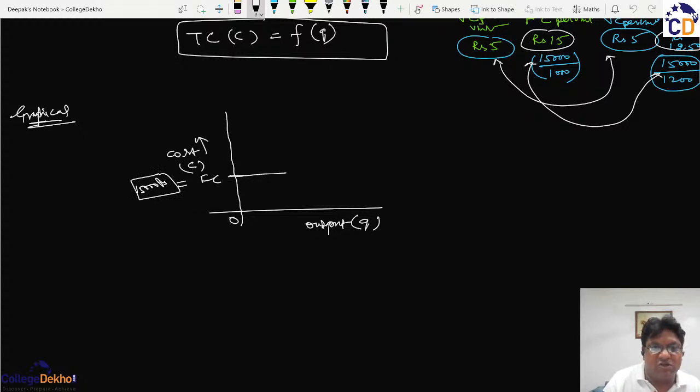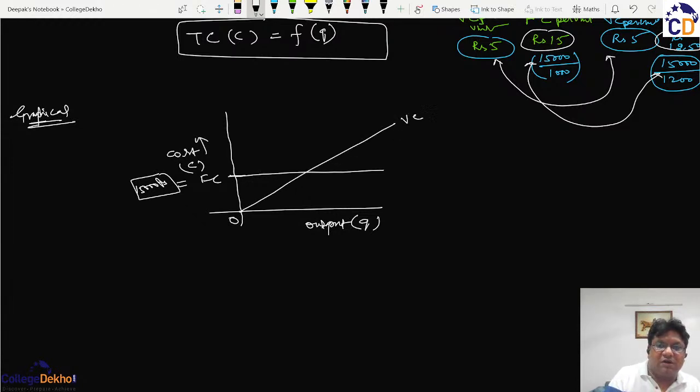So the fixed cost graph will run parallel to the output line. But if we calculate the variable cost, then this variable cost graph shall start from 0.